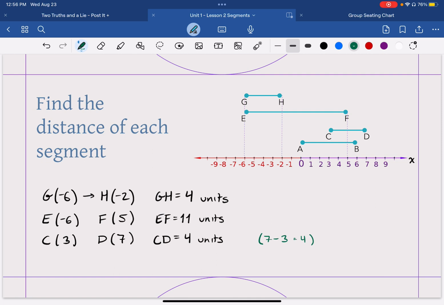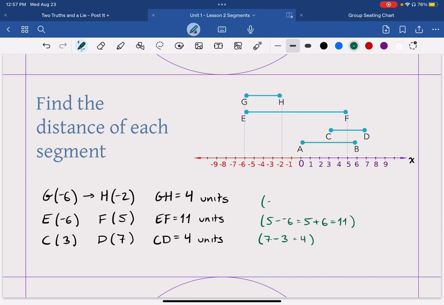Does that work for the other ones? Let's find out. Okay, we have 5 minus negative 6, which equals 5 plus 6, which equals 11. That worked.